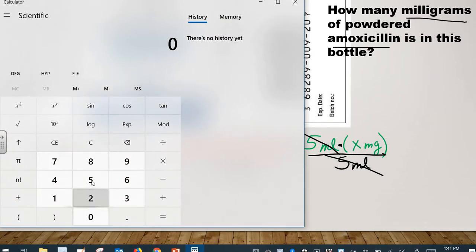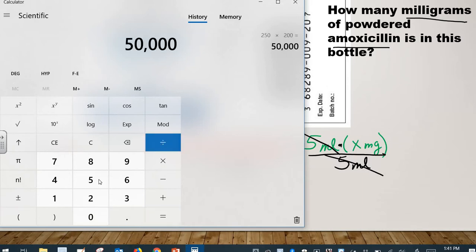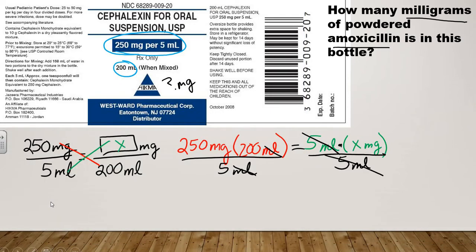There we go. 250 times 200, and we're going to divide by 5. So we just calculated that there's 10,000 milligrams of powder in this bottle. 10,000 milligrams of medication in the bottle that you're looking at.